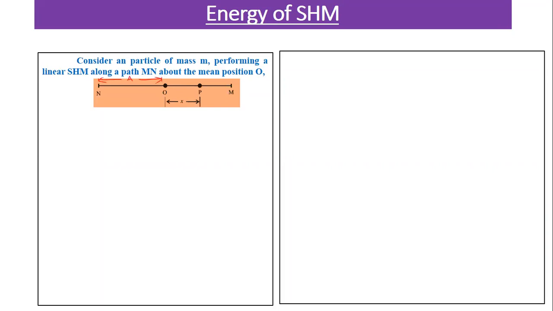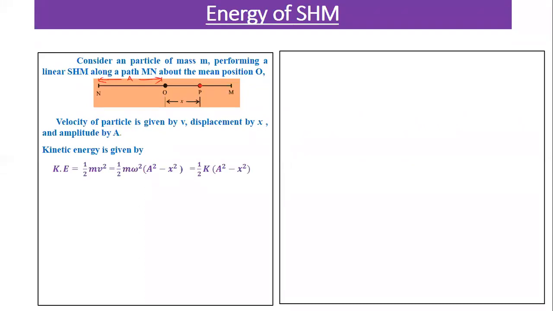Now the particle is at any point P, which is at a distance x from the mean position. Then the velocity of the particle at displacement x is given by the formula v is equal to omega times the root of a square minus x square.